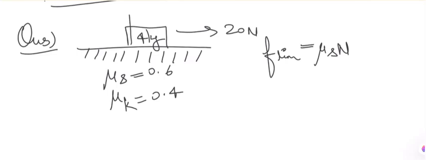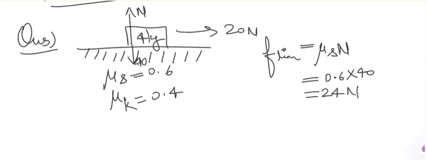Okay. So here is the normal force. Again, here is the 4g force, right? So I will apply that my normal force is 40. Correct? It is 40. Isn't it? Yes, ma'am. Okay, great. So what is mu s? 0.6 multiply 40. What is the answer? 24 Newton. Correct?